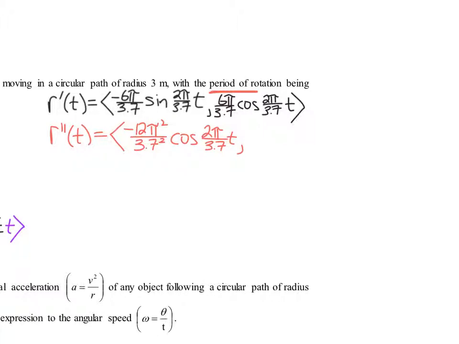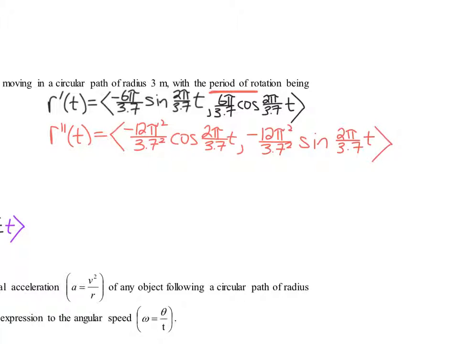And it's the same deal, just without the negative sign. Oh, actually, with the negative sign, right? Because cosine has a derivative of negative sine. So negative 12 pi squared over 3.7 squared sine 2 pi over 3.7 t.